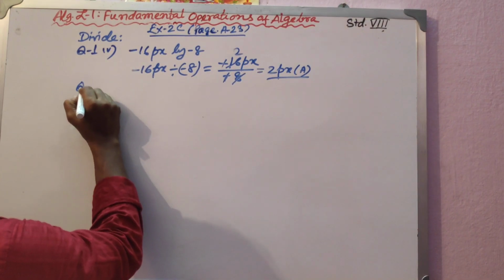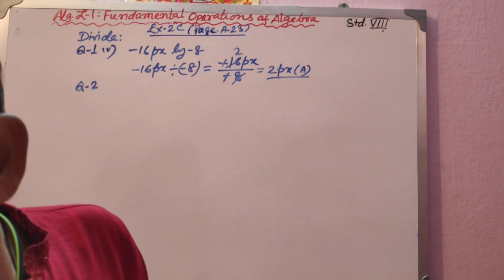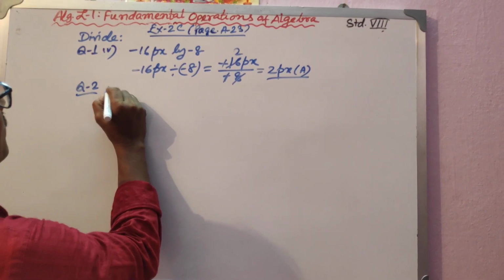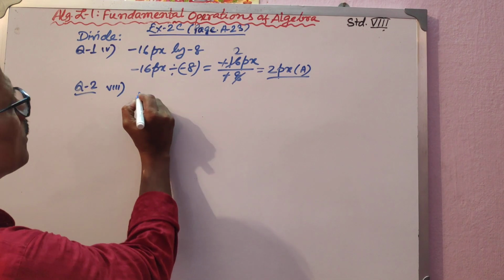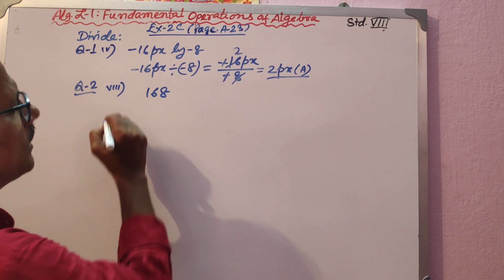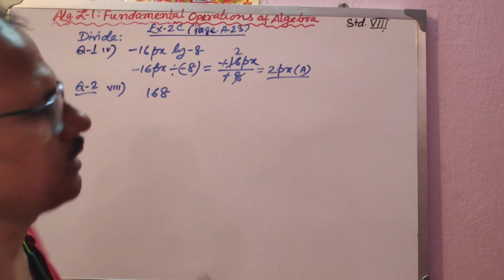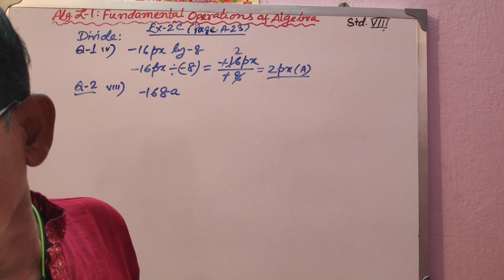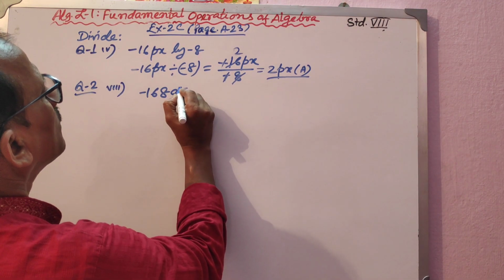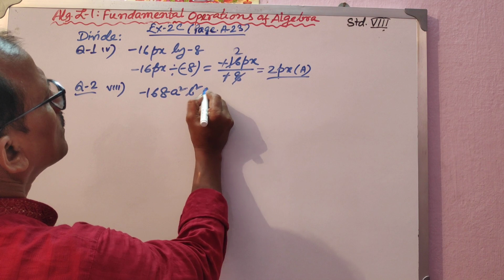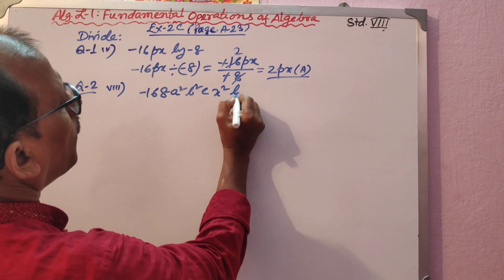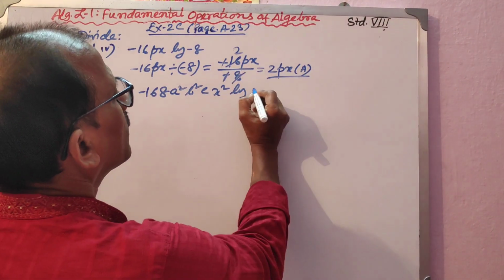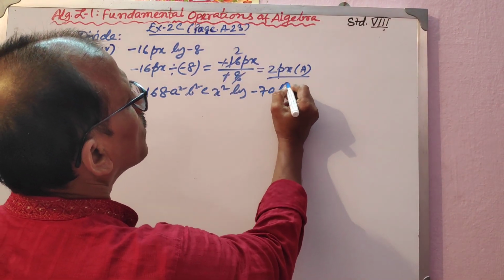Question number 2, I will take the last one, the 8th one. It says 168 a square b square c x square divided by minus 7 a b square x square.